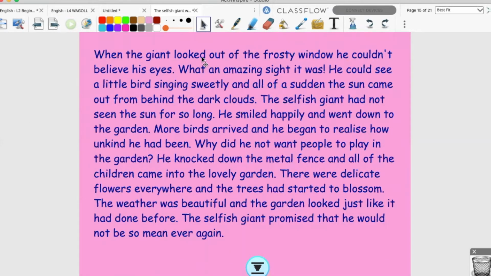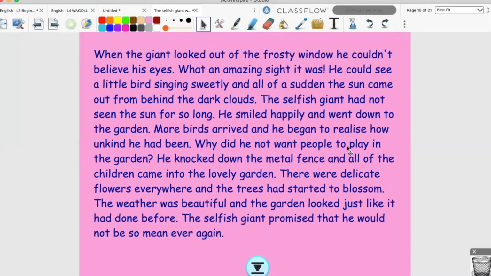When the giant looked out of the frosty window, he couldn't believe his eyes. What an amazing sight it was. He could see a little bird singing sweetly, and all of a sudden the sun came out from behind the dark clouds. The selfish giant had not seen the sun for so long. He smiled happily and went down to the garden. More birds arrived, and he began to realize how unkind he had been.